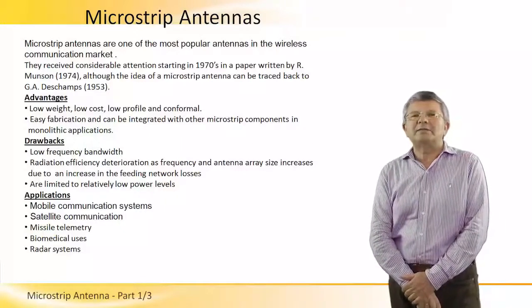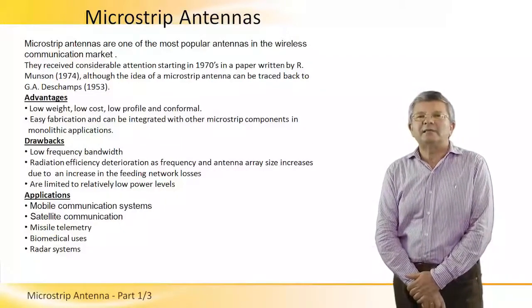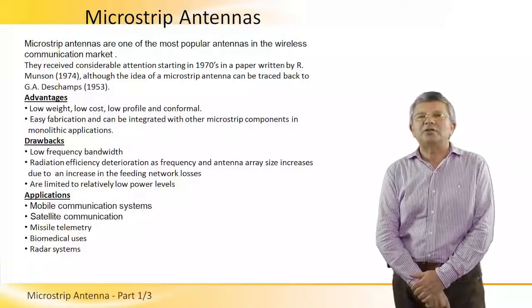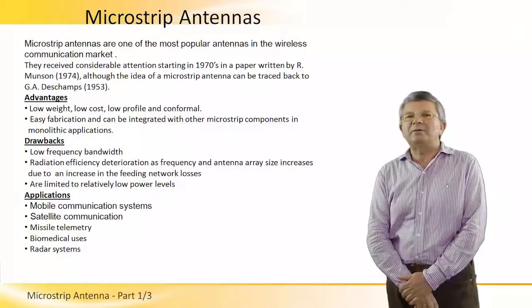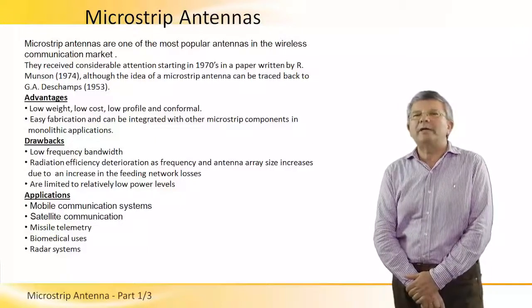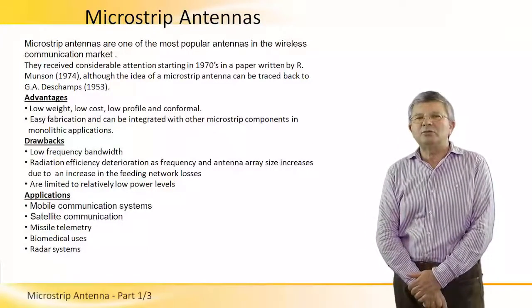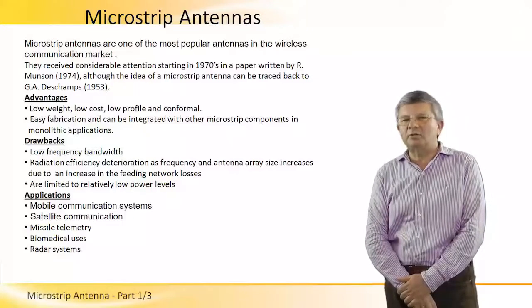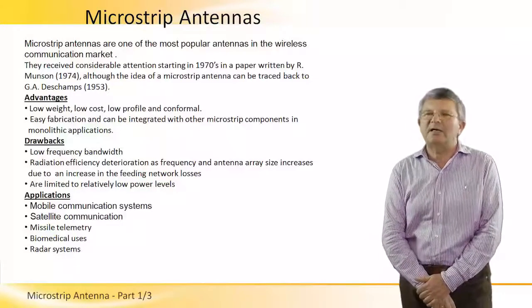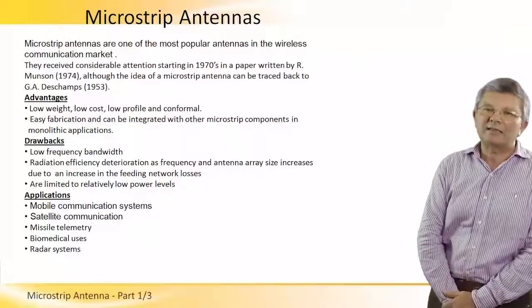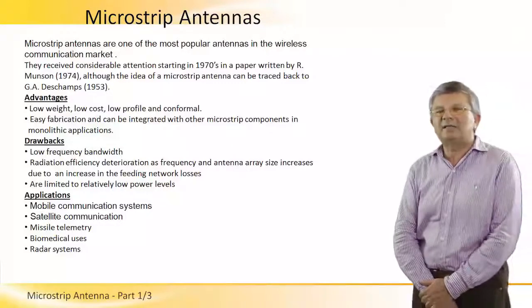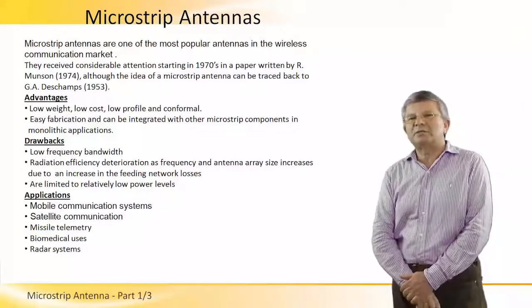Another drawback is their relatively low radiation efficiency as we go up in frequency, or when the antenna array size increases. This is due to the increase in the feeding network losses, which increase as the lengths of the feeding lines increase, and also with the frequency.